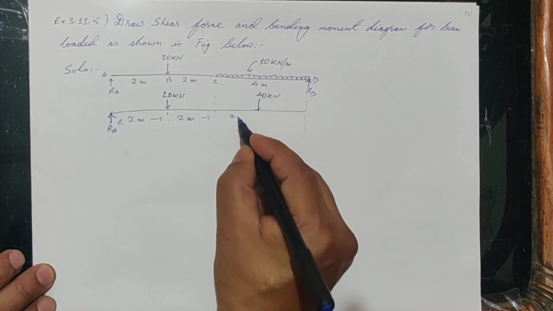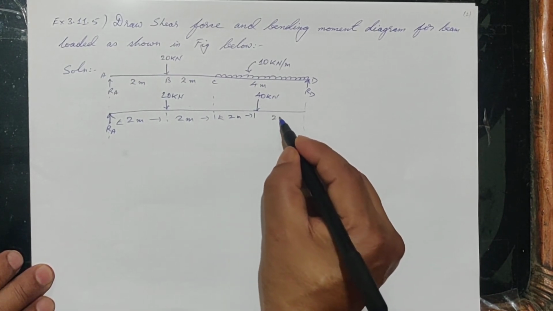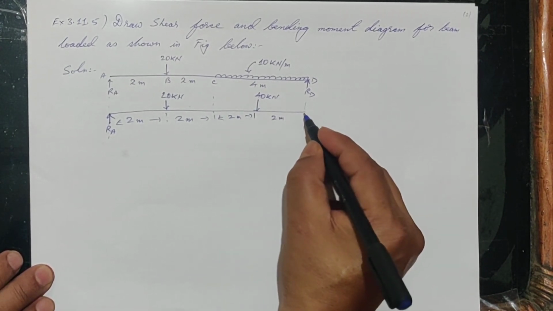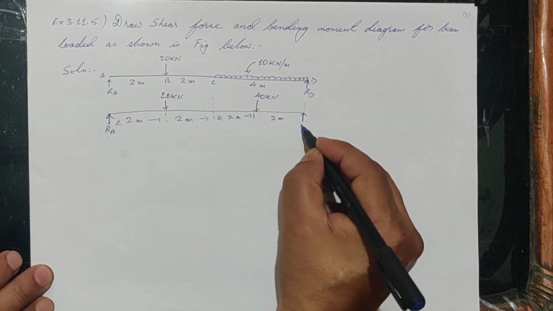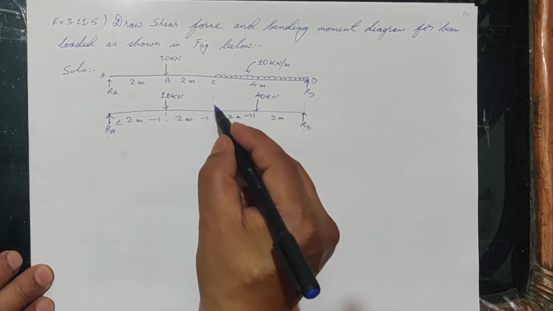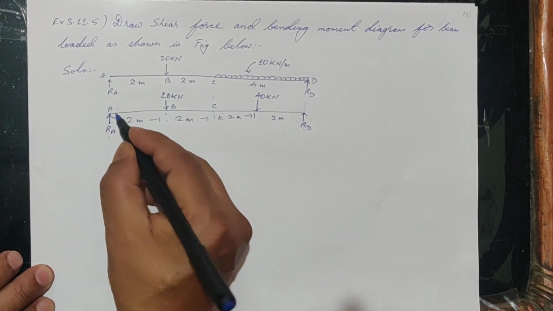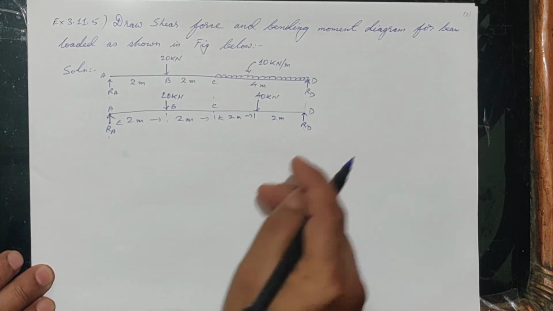It will act again at 2 meters, and 2 meters from here, we have RD. This is our C point, this is our B point, this is A point, and this is D point.